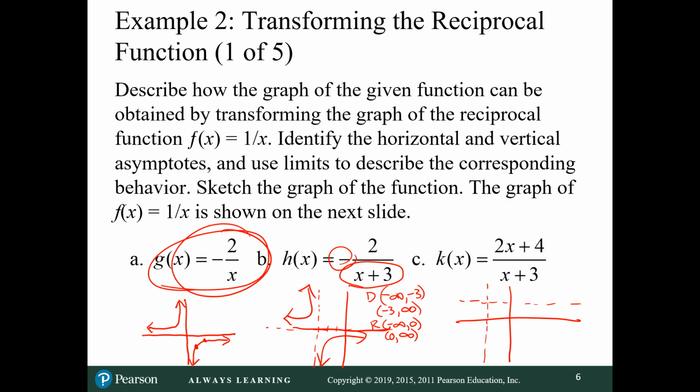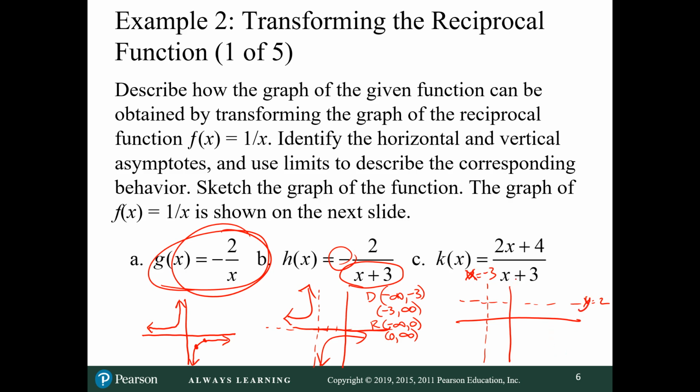Why? Well, what happens is when we have 2x over x, and those are the highest powers each, we take the coefficients of each of these and divide to figure out where the horizontal asymptote is. So our horizontal asymptote is at 2. Our vertical asymptote is at x equals negative 3, and this is y equals 2.